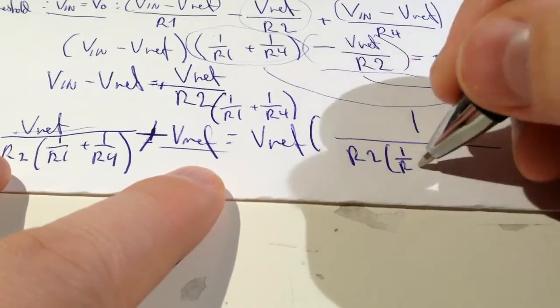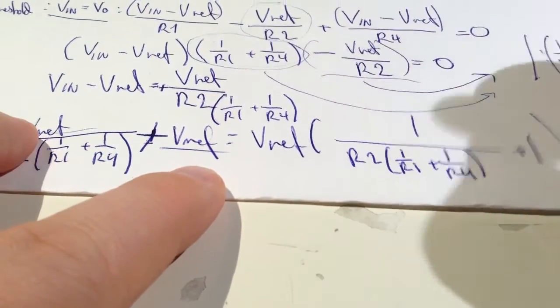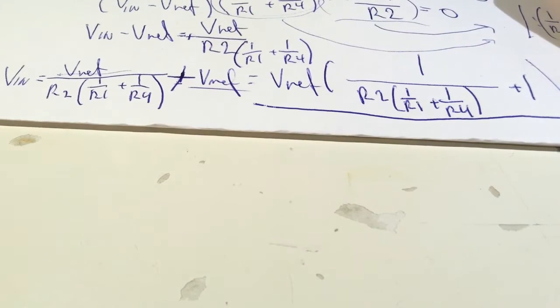So there you go. Basically it's the same equation that we had before. And the same method applies when you find the other threshold.